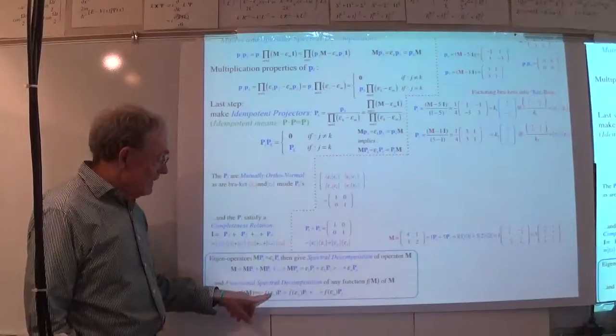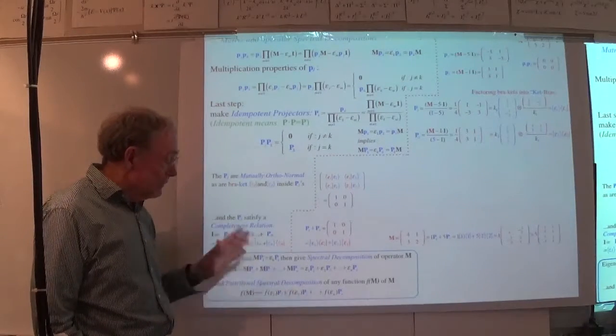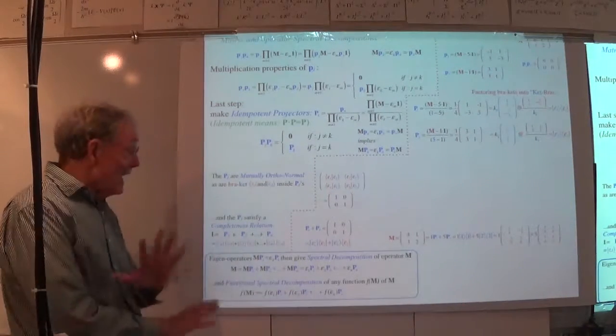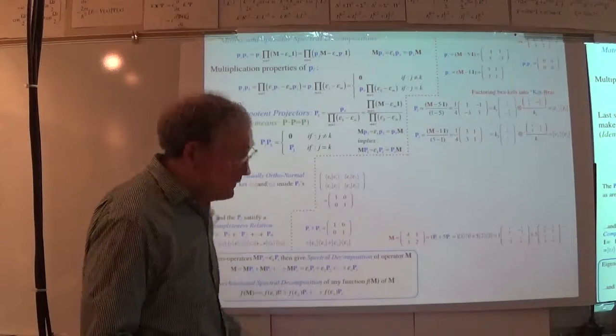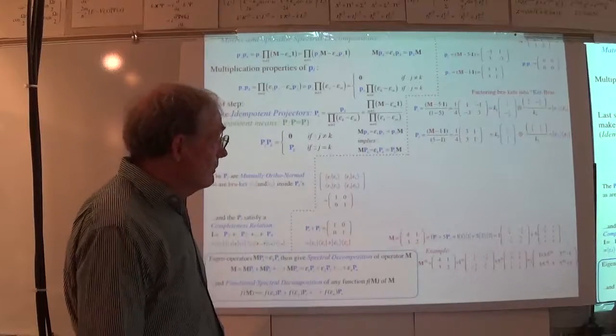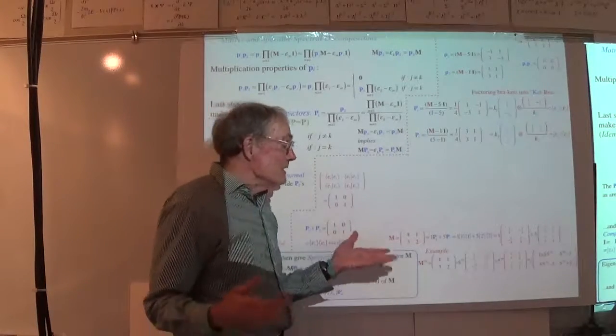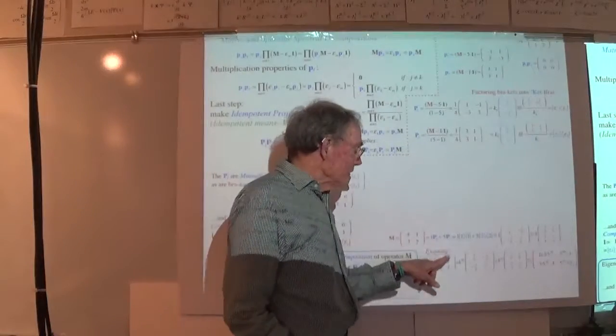That is, at each eigenvalue, I look up whatever that function's going to give me and put it down next to the P, and I am done. I have made a matrix that represents the function of that matrix. That is really something. Now suppose I stopped right now and said, I want you guys to find the 50th power of the matrix 1, 2, 3, 4.